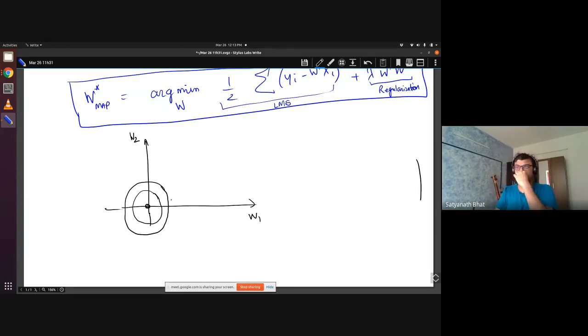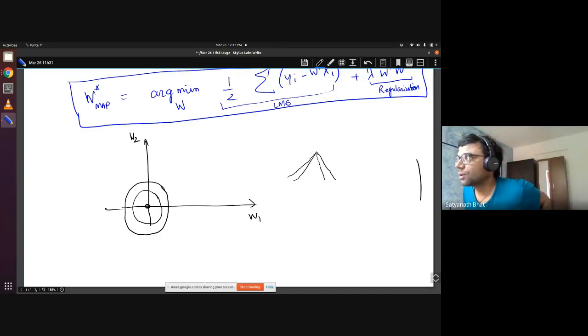Suppose you have a hill like this. I'm telling this for people who have not done optimization. What you do is pick all the points that are at a certain height. So let's say these points are 2000 meters, or maybe let's go to the Himalayas and say 4000 meters.